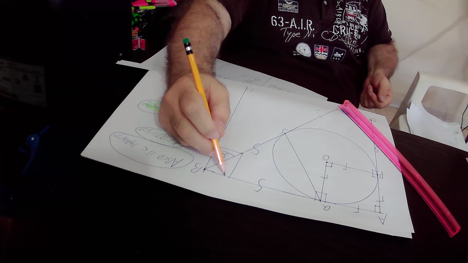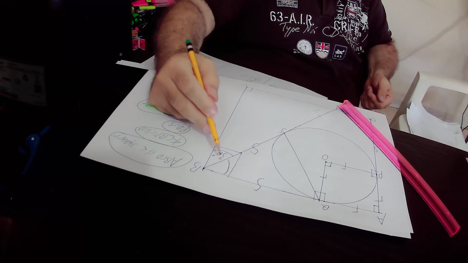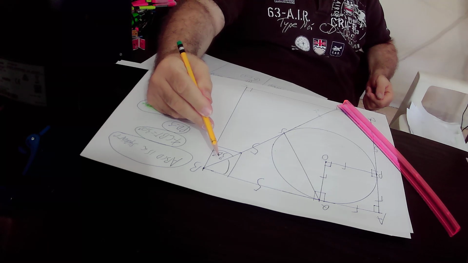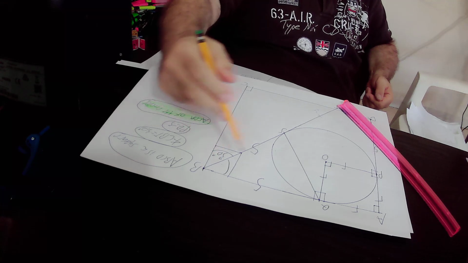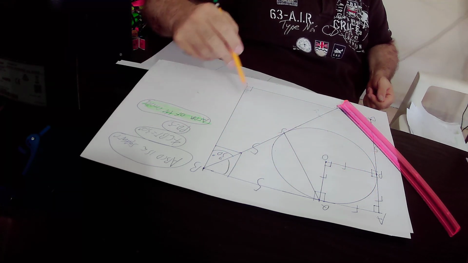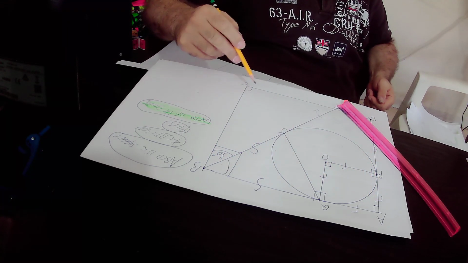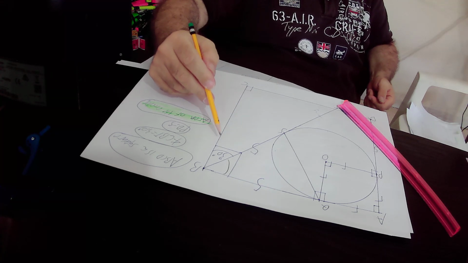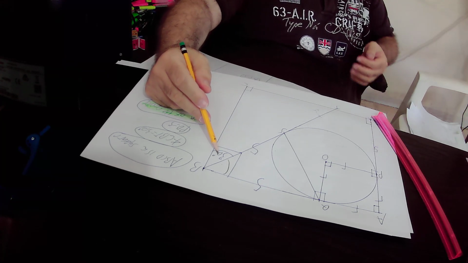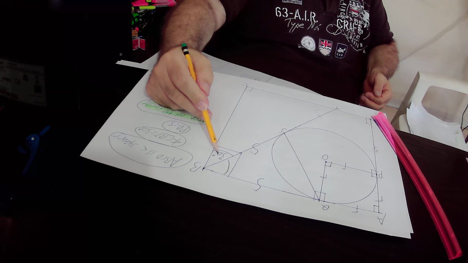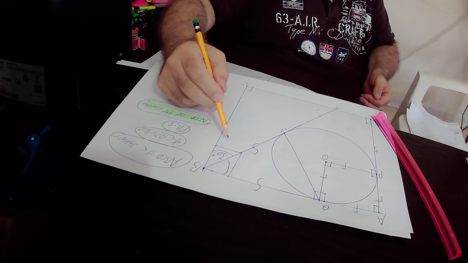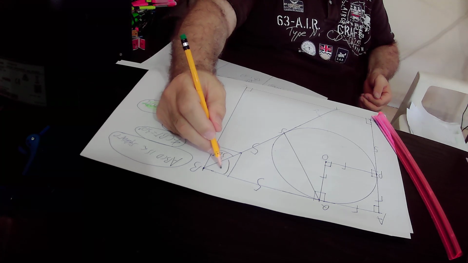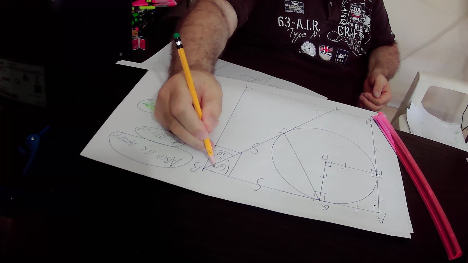What is the size of this angle? This angle, it is very easy to see from the drawing. The size of this angle equals angle ABC. Angle ABC is equal to 90 degrees minus angle TBC that is equal to 30 degrees. That is to say 90 degrees minus 30 degrees is the size of this angle. 90 degrees minus 30 degrees, it is 60 degrees.